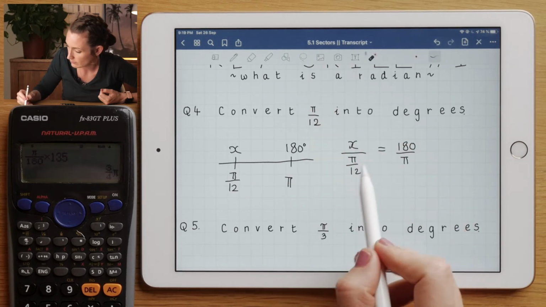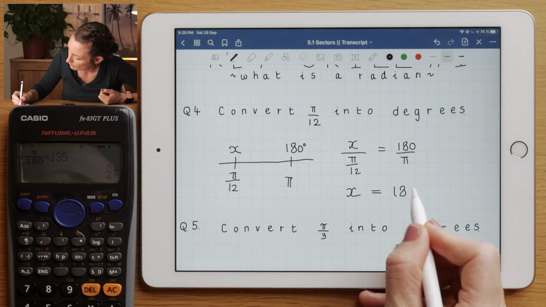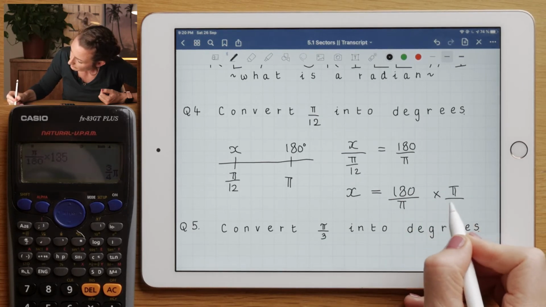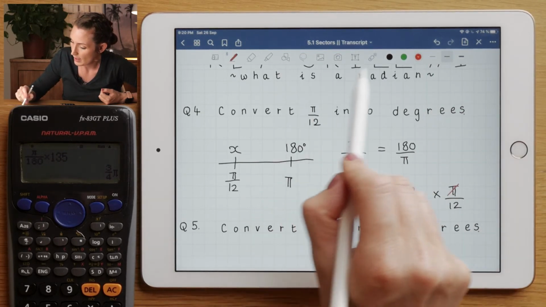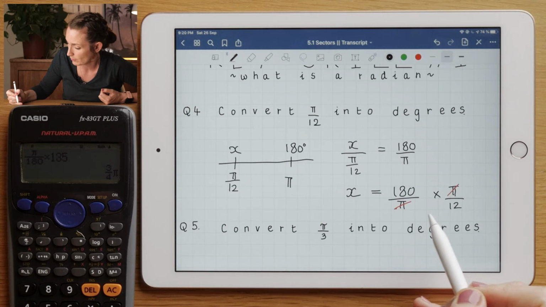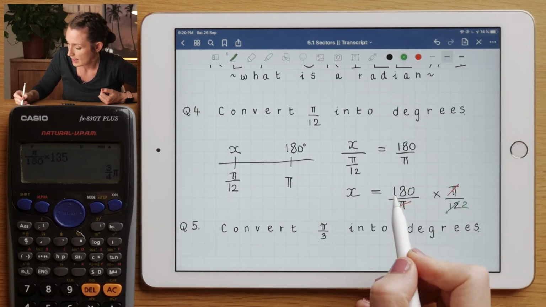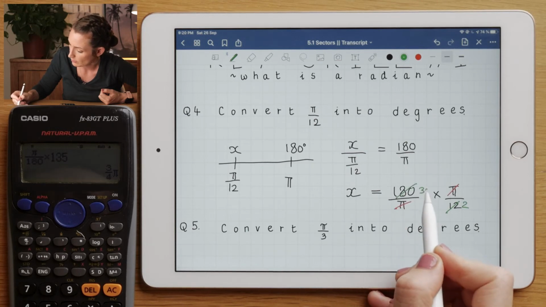I move that divided by pi over 12 to the other side and change it to a multiply. Now here you always want to cancel out your pi's, and 180 and 12 can both be divided by 6. That can be divided by 6 twice, and 18 could be divided by 6 3 times, so this would be 30.